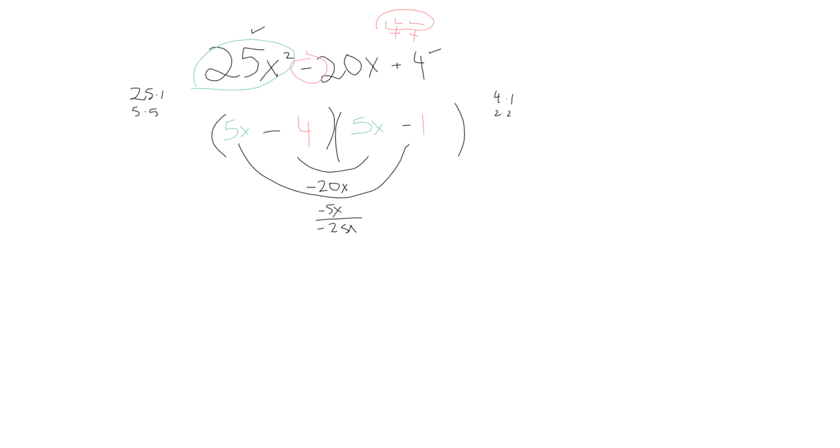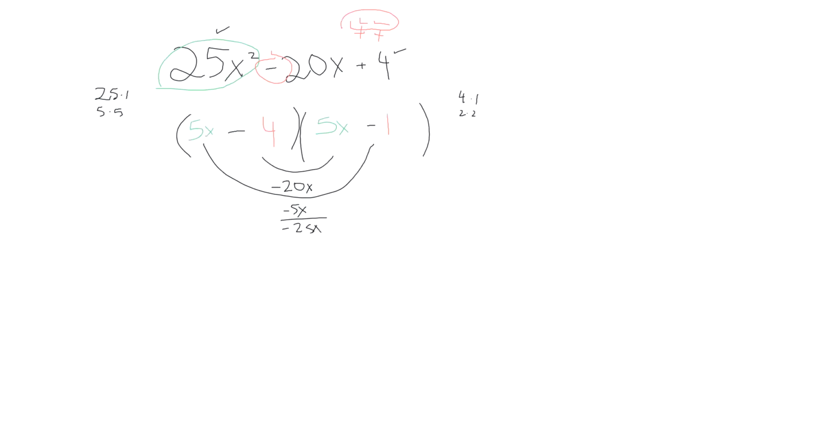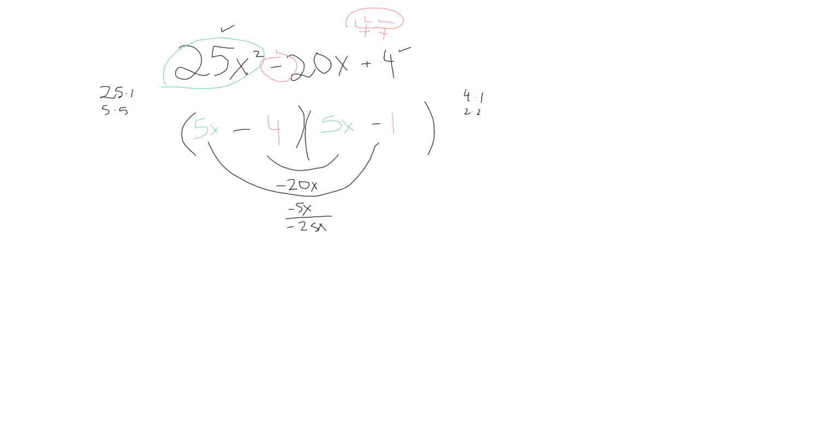If I switch them around, I'm still going to get the same numbers because I have a 5 and a 5 here. So I don't need to switch them. I will put in 2 times 2 instead of the 4 times 1.